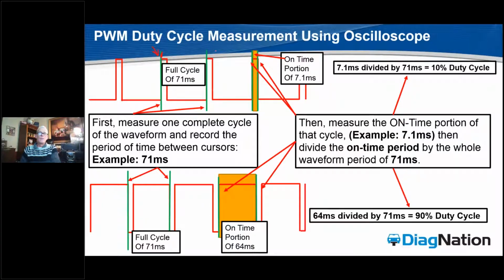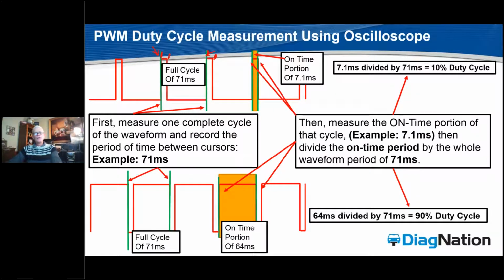We're also going to grab one cycle exactly by getting it where it repeats again. Now, just for the purpose of measurement, it does not matter, guys, if you want to move that cursor over to this falling edge here and here, that's fine. You just have to be consistent, and that holds true for AC waveforms and DC waveforms when we're measuring frequency or pulse width modulation. One cycle, doesn't matter where on the waveform, you just need to be consistent.